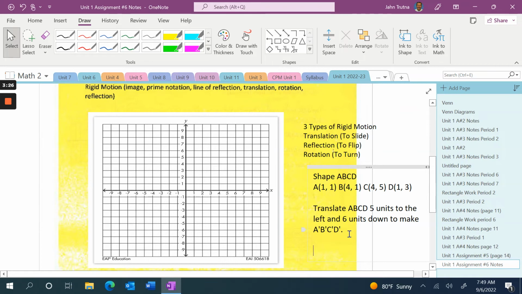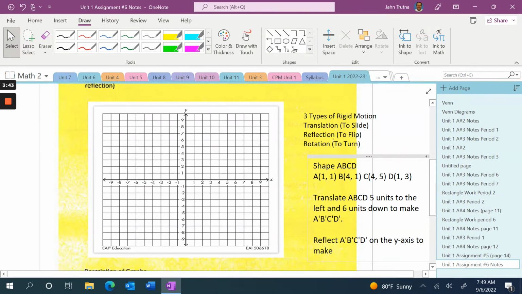Then the second thing we're going to do is we are going to reflect A prime, B prime, C prime, D prime on the y-axis to make A double prime, B double prime, C double prime, D double prime.